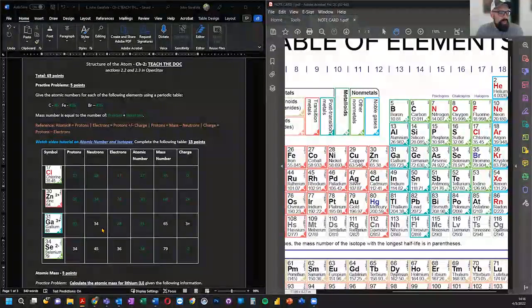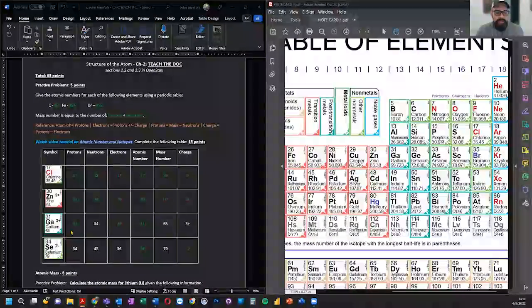We're given the number of neutrons, the mass number, and the charge, and we've got to figure it out from there. So what we can try to do is figure out the atomic number first. We'll take the mass number, subtract the neutrons, which gives us 31. So we're looking for the atomic number 31. And so we can reference that over here, which we've got gallium is number 31.